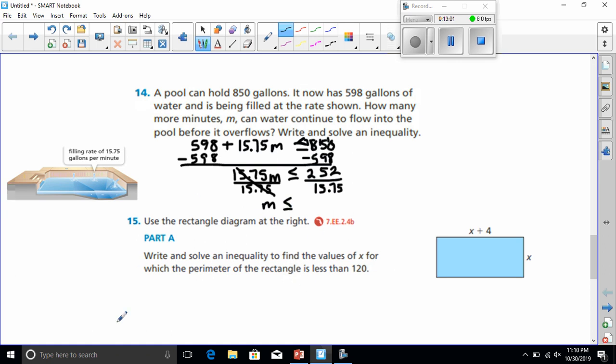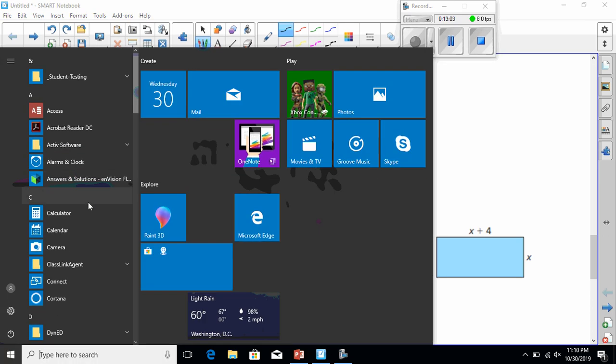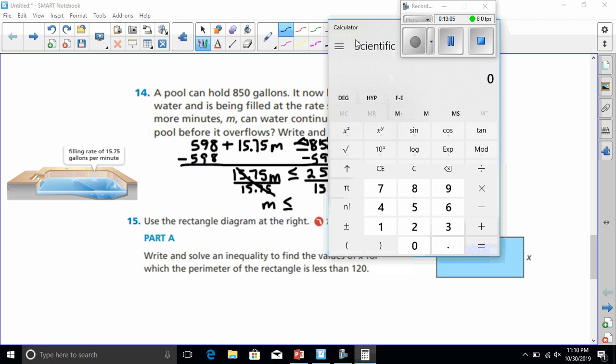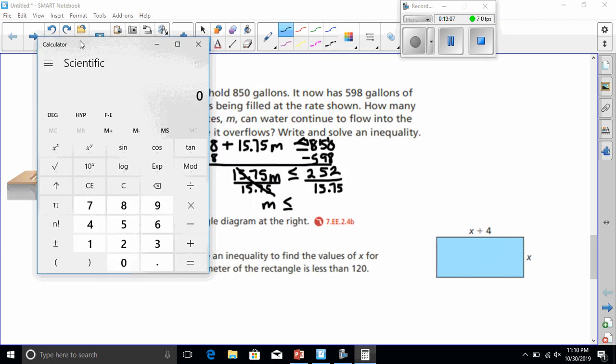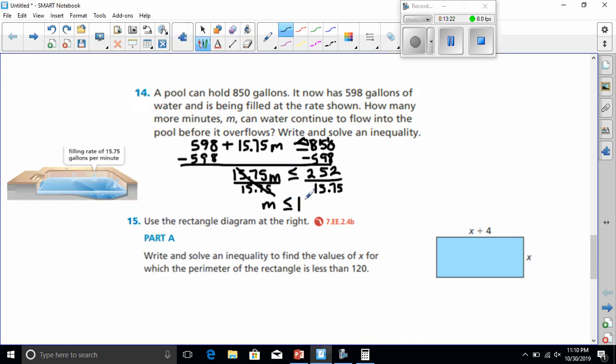And now I'm going to use my trusty calculator to help me out here and tell me very quickly what 252 divided by 15.75 is. And that equals 16. So m is less than or equal to 16.